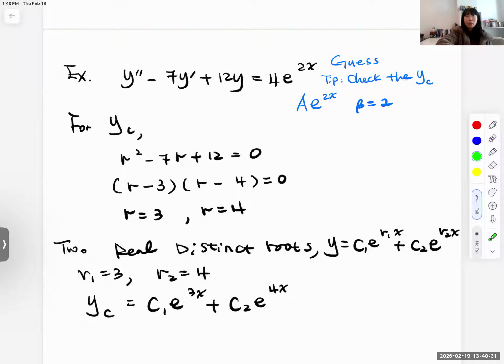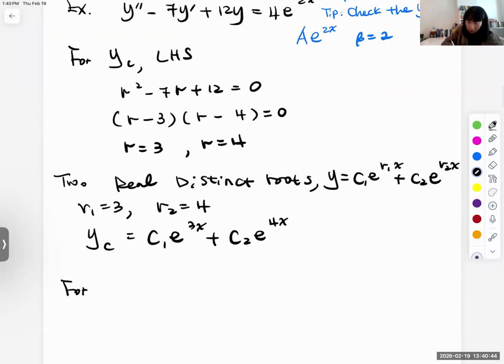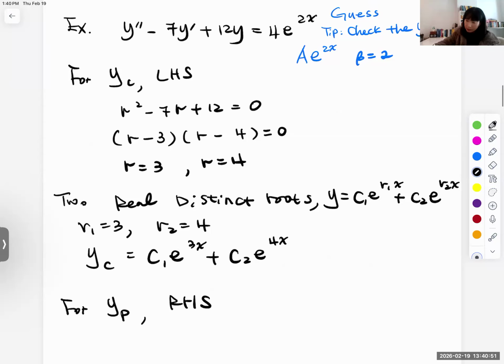All right. Now, for the particular solution, we're looking at the right-hand side. So this is the left-hand side for a particular solution. Right-hand side, looking at that. So we guess, let me write, y particular solution, a e to the 2x, yeah?